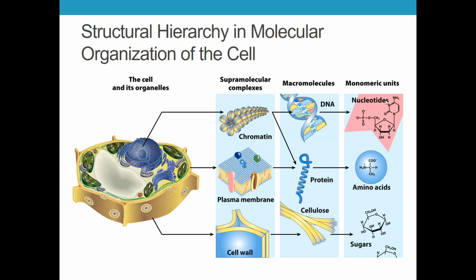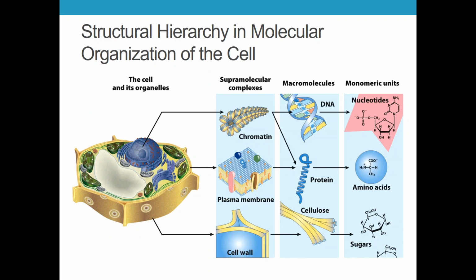So nucleotides build into DNA, or RNA for that matter. Amino acids are used to make proteins. Polysaccharides are a little bit more diverse, but we're going to talk about monomers and then the macromolecule, the polymer that results. Now, we will not talk as much about what happens after that.